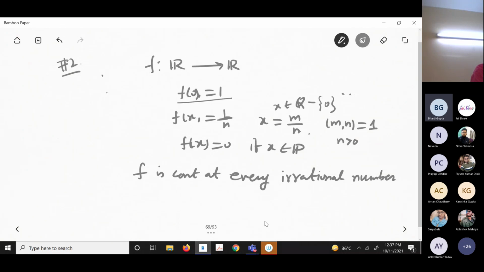So f is discontinuous at every rational number. Okay. That means here you are getting what? D equal to Q.